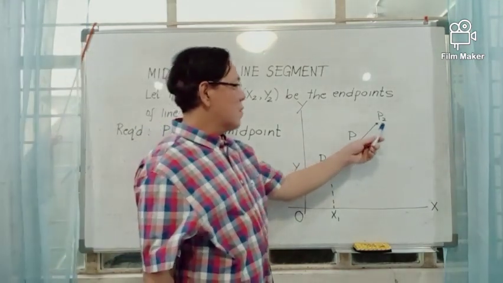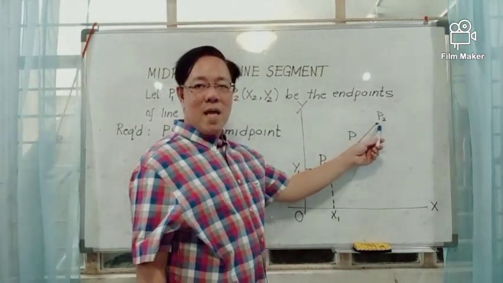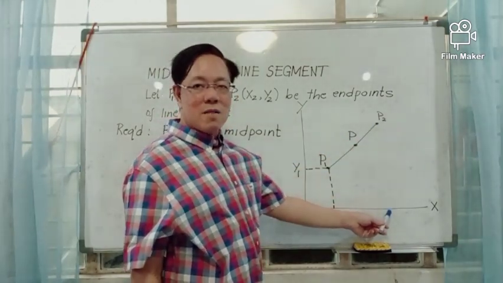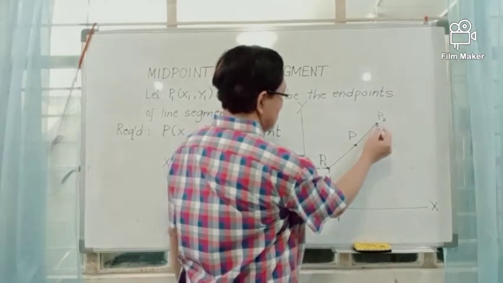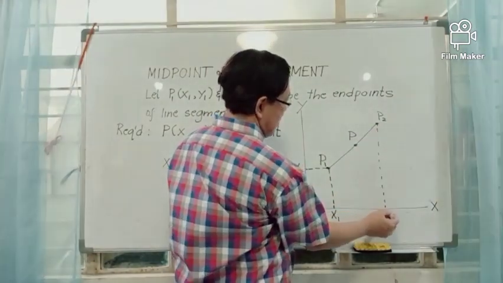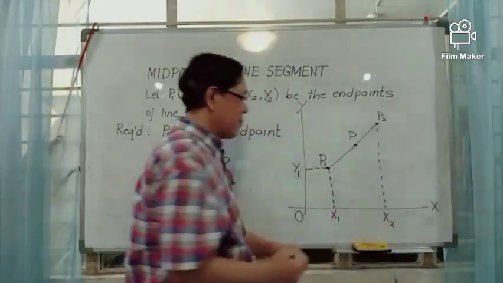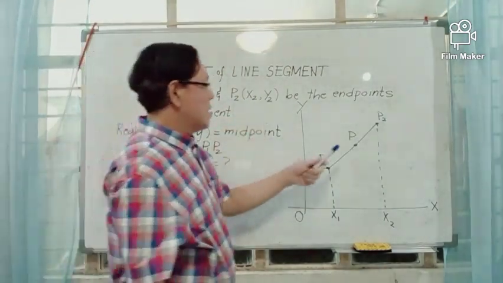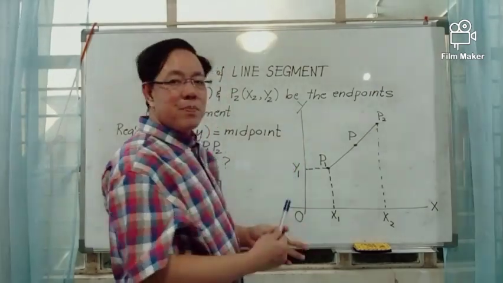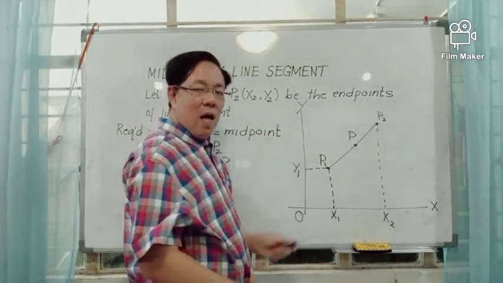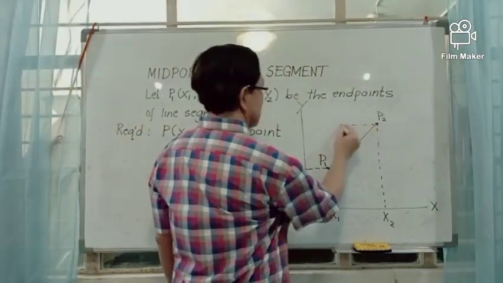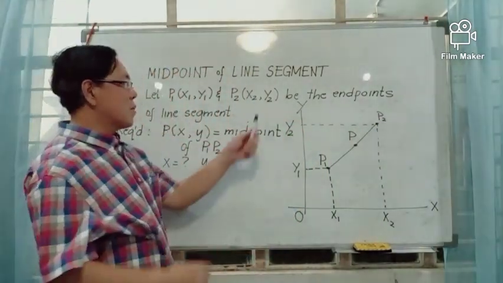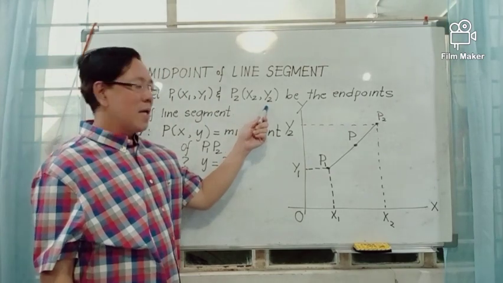We do the same for the second endpoint of this line segment. Project P2 down to the horizontal axis to get the abscissa of the point P2, which is denoted by x2. And we project the point P2 to the vertical axis to get the ordinate of P2 denoted by y2.